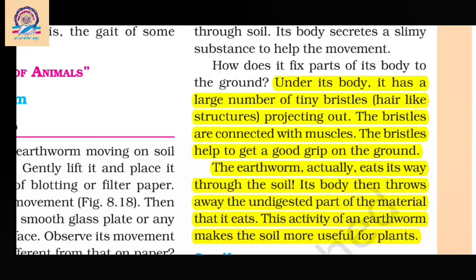Small hairs are present below the body of the earthworm. These bristles are connected with the muscles and help to get a good grip on the ground. With the help of these bristles it fixes its front part and rear part to the soil or the ground, and the bristles help the body move forward or backward.